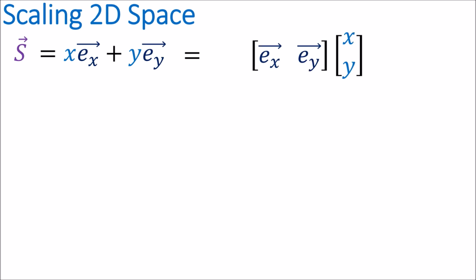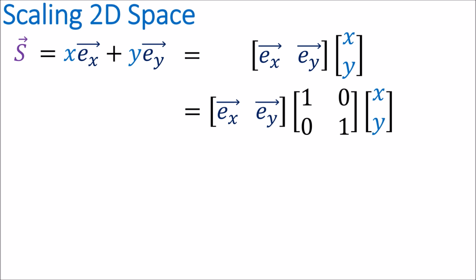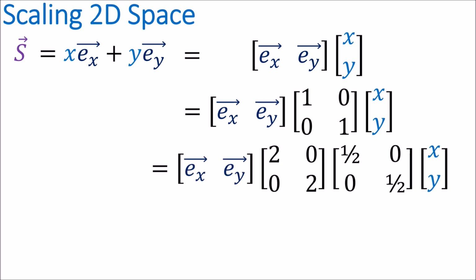We can see covariance and contravariance show up when we take the vector s and write it in array notation, with a row of basis vectors multiplied by a column of vector components. If we insert an identity matrix between the basis and components, we can break it up into a transformation matrix for the basis vectors and an inverse transformation matrix for the components.